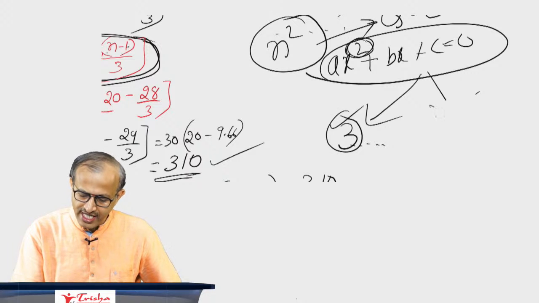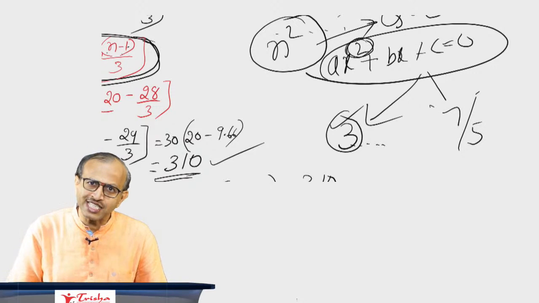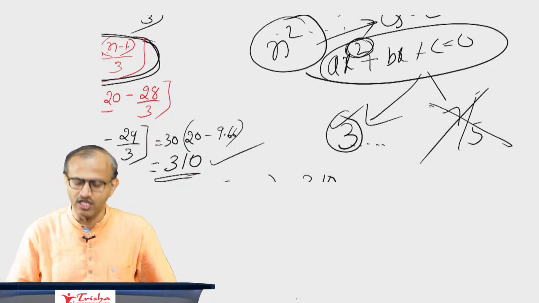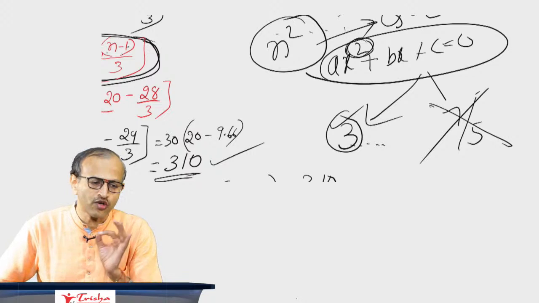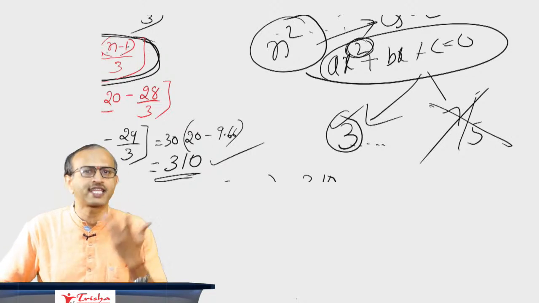Suppose I get 7 by 5, can it be a fractional number of terms? 1, 2, 3. You cannot say a fraction. This is also wrong. Therefore, it should be positive whole numbers, positive integers, natural numbers 1, 2, 3. Like that you should have.